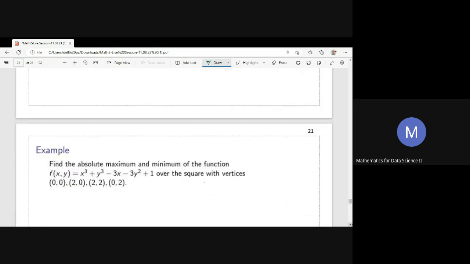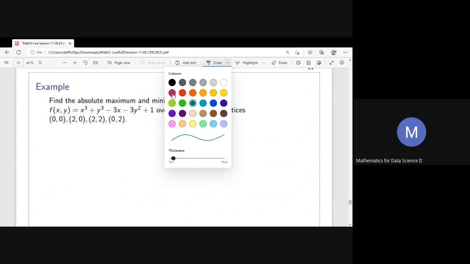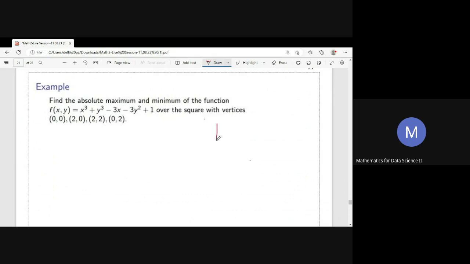Okay, let me do an example. Find the absolute maximum and minimum of this function f of x comma y over the square with vertices 0,0, 2,0, 2,2, 0,2. Let us first draw this square. So you have 0,0 and then 2,0.